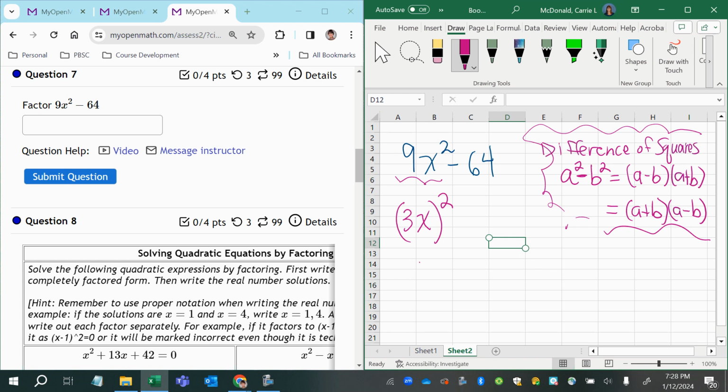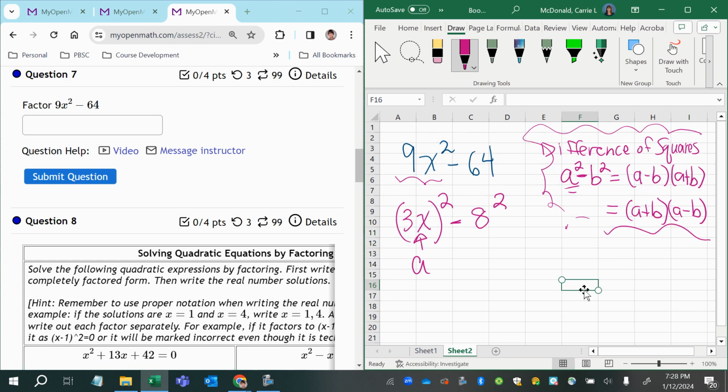That would be like my a in this, my a squared. So a is the 3x part. Then 64, if you take the square root of 64, you get 8 because it's a perfect square. So I can rewrite 64 as 8 squared. And that fits the perfect square.